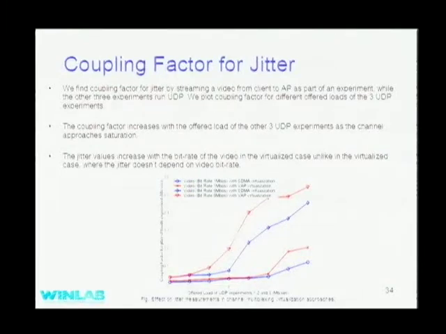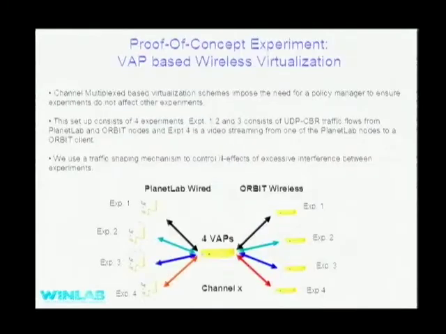Another thing we noticed was that in the non-virtualized case, the jitter of the video doesn't depend on the bit rate of the video, but here, due to contention, your jitter increases as you increase the bit rate of the video you are streaming. And again, SDMA has lesser coupling than VAP.